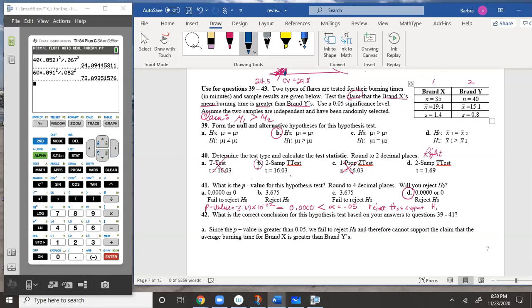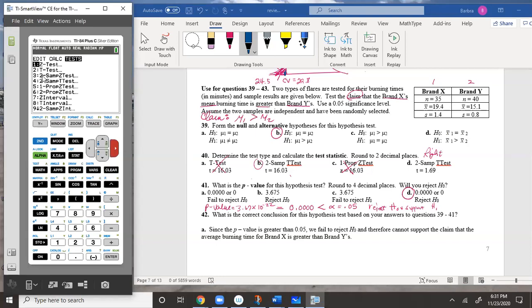All right, we do have a program for this in our calculator. We go to stat test and we go down to the two sample t-test. That's number 4 on my calculator. And they're giving us statistics, so we're going to choose stats. And we're going to put the mean, standard deviation, and n for the first group. Just be careful, this order is not the same as what you have in your list here.